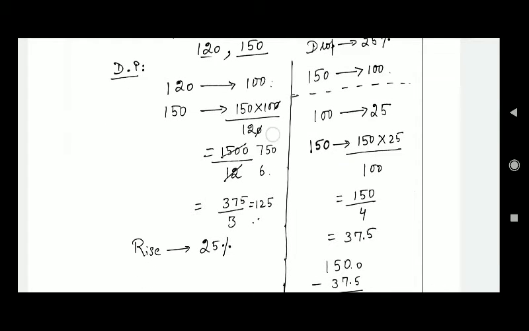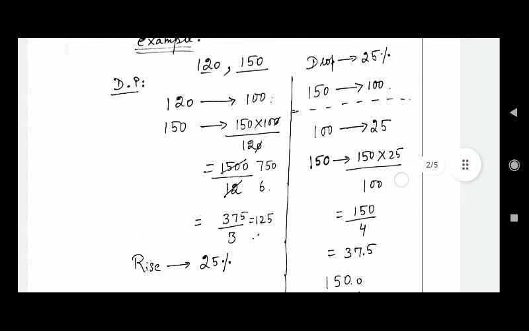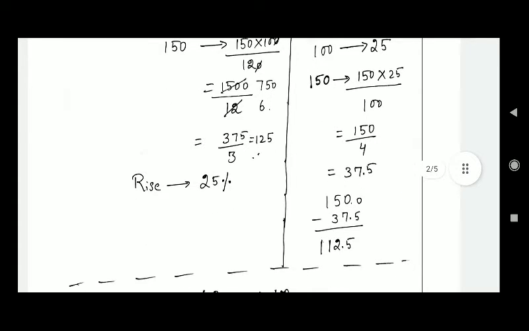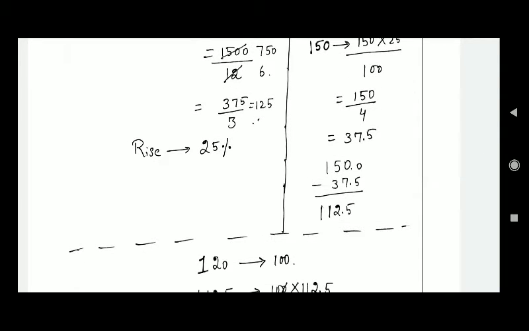That means from 120 to 150 there is a rise of 25%. Now if we consider the same drop of 25% from 150, what will be the new value? So for 100 it is 25, for 150 it amounts to, applying the same DP logic, it will come to 37.5. So when we subtract this 37.5 from 150, we are getting a value of 112.5.